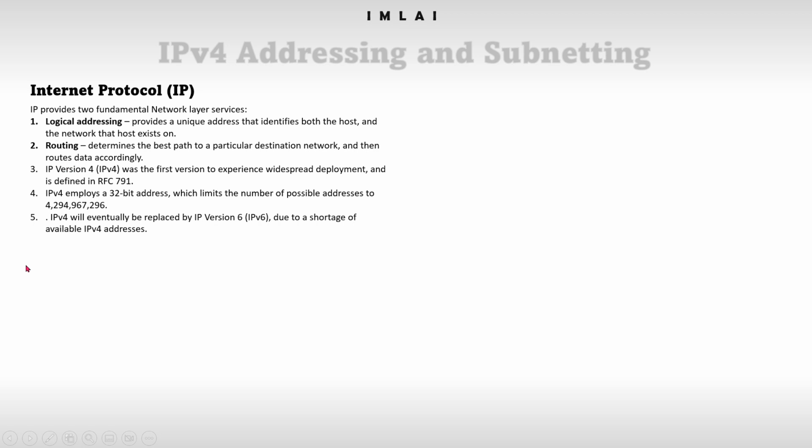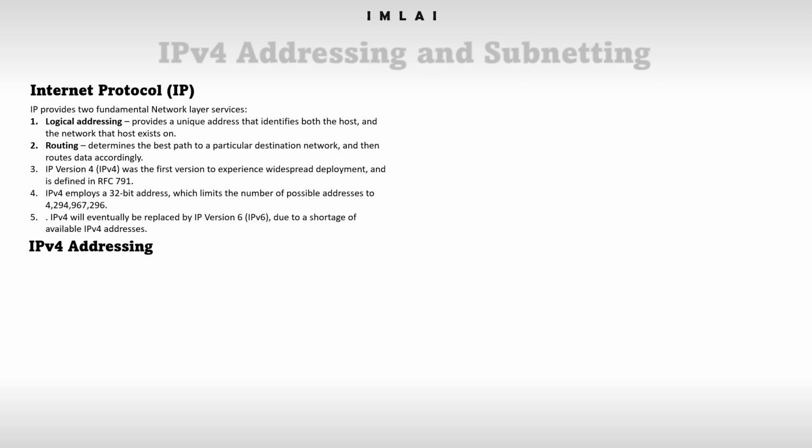So that is the reason eventually we have to replace IP version 4 with IP version 6. So now let's look into IP version 4 addressing, but it will take a lot of time.